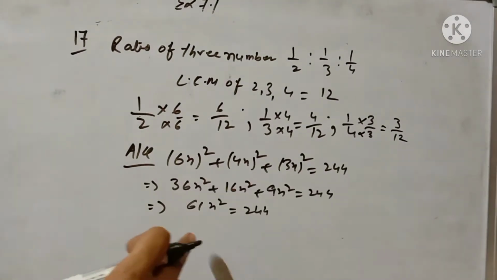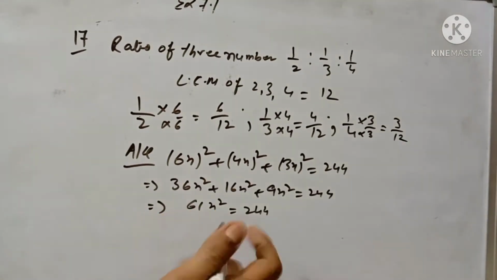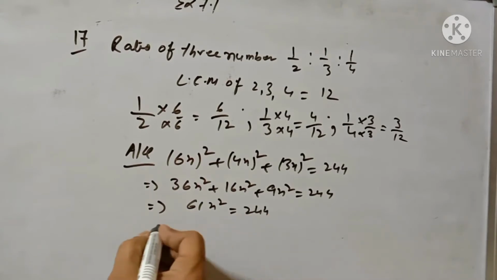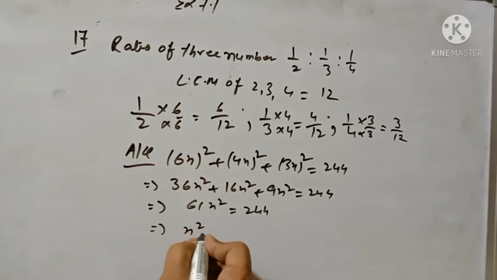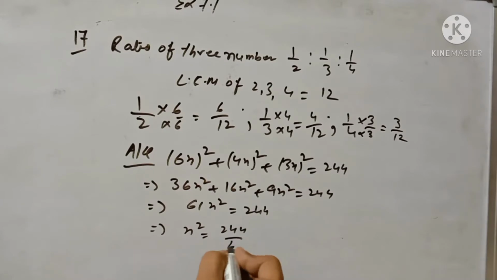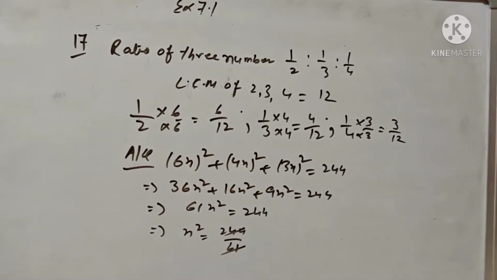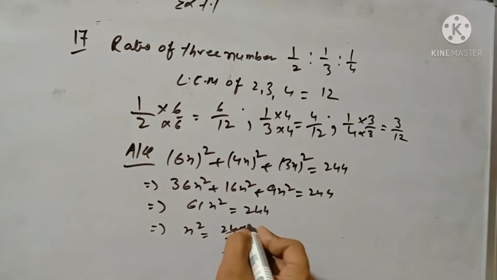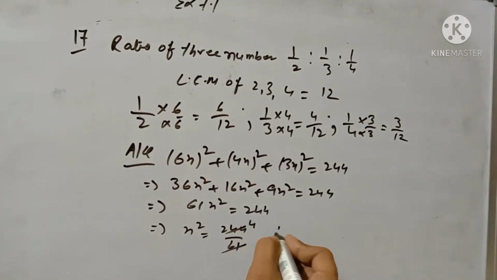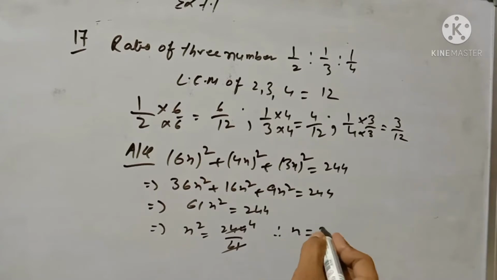So it will come 61 x squared equal to 244. So x squared equal to 244 by 61. So this will be 4. Therefore x equals 2.